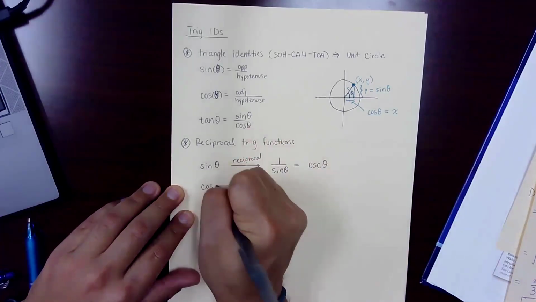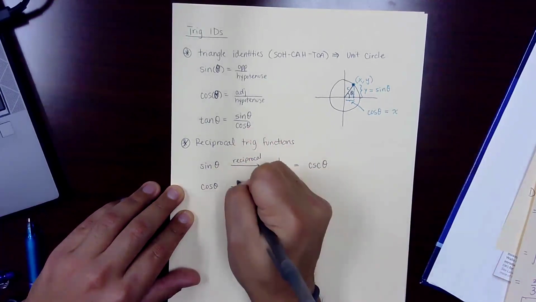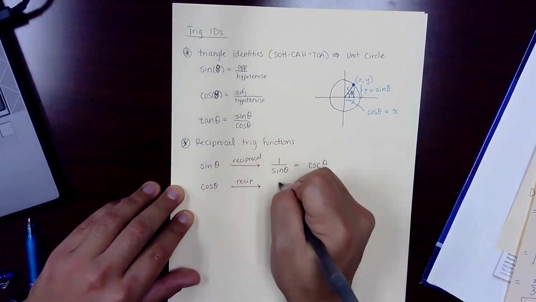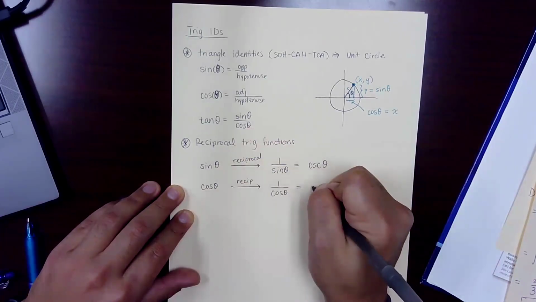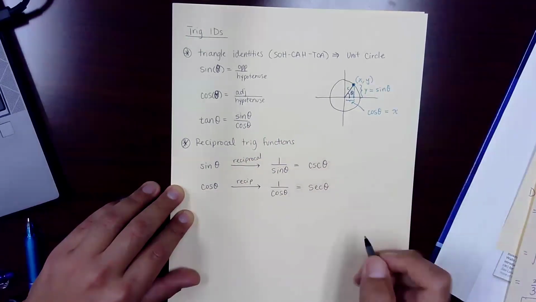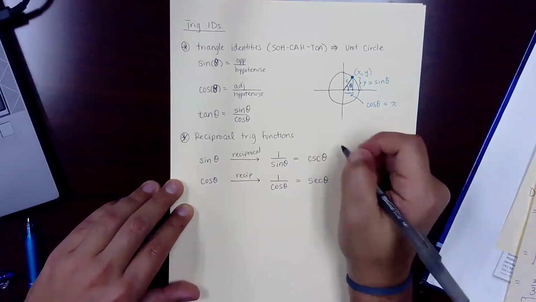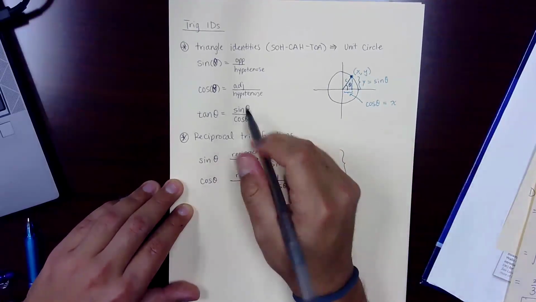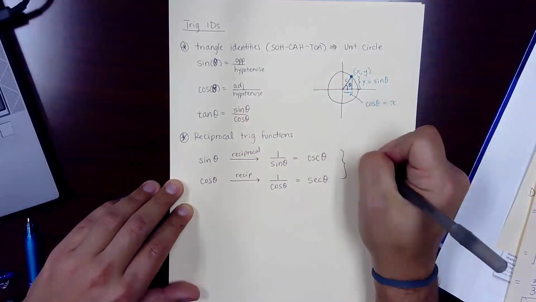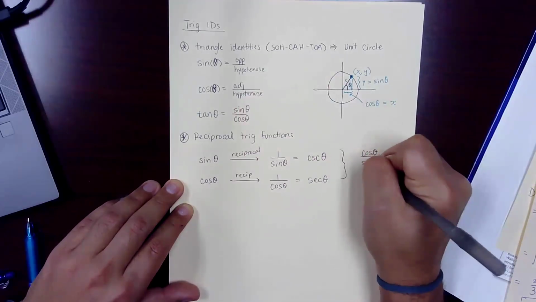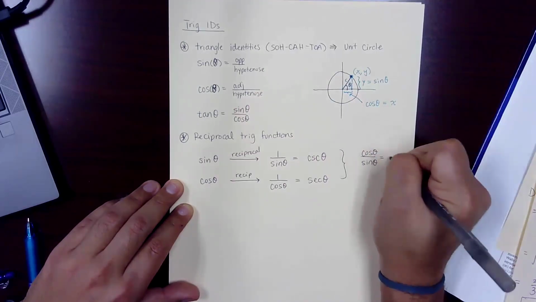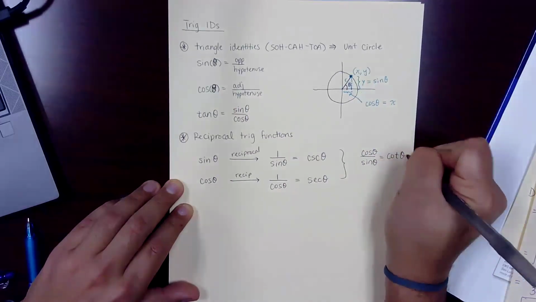And the same thing for cosine: 1 over cosine theta is going to be our secant theta. And if we take the reciprocal of tangent, we have cosine theta over sine theta, which is equal to our cotangent theta, right?